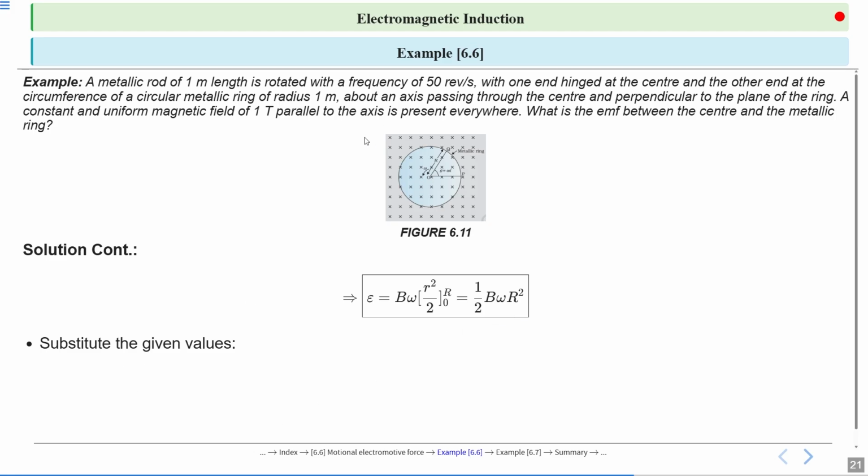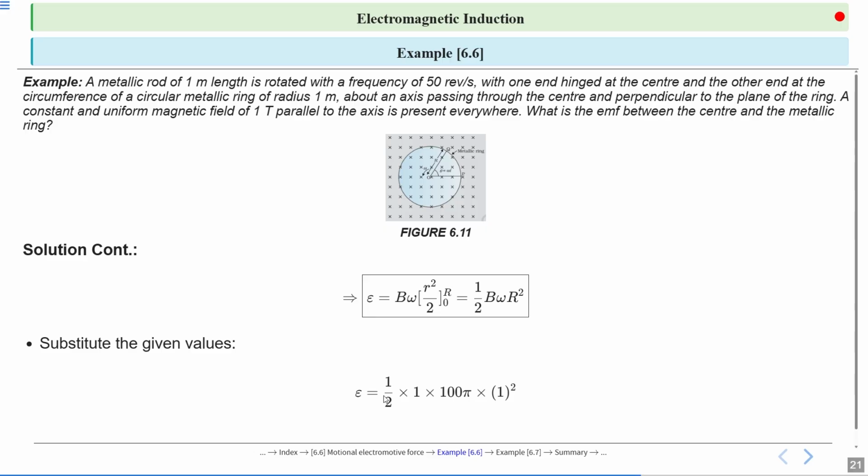Now we will find out the EMF induced. So substitute the given values. What is given? Frequency is given. We have calculated omega, that was 100 pi radian per second. B is given as 1 Tesla and R is given as 1 meter. So substitute the values to find the EMF.